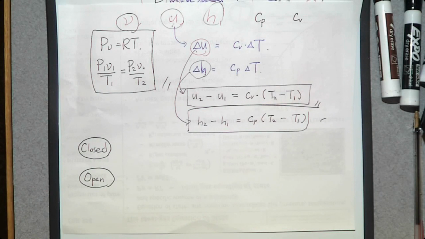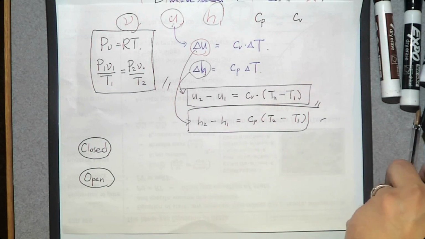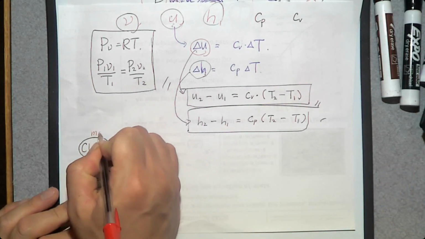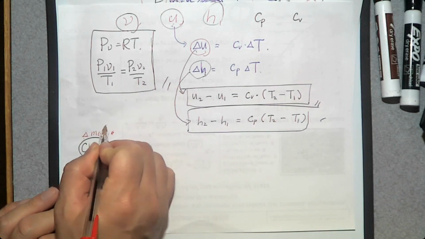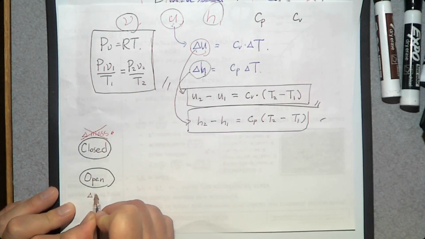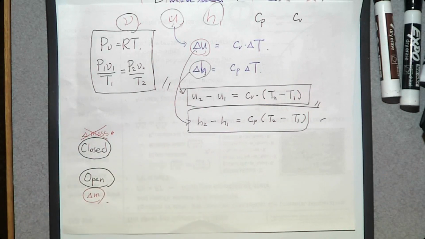If there is a mass transfer, such as inlet and exit, then it is an open system. So there's a mass change, delta M, for an open system.